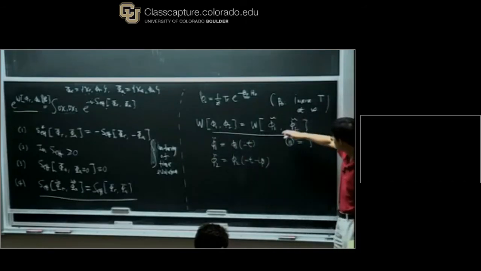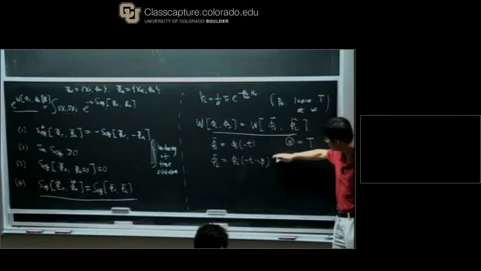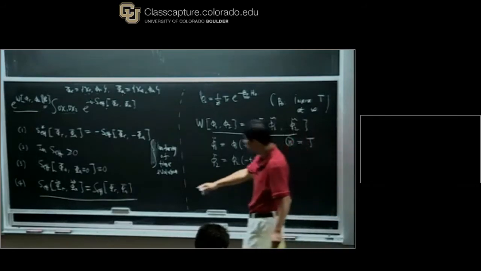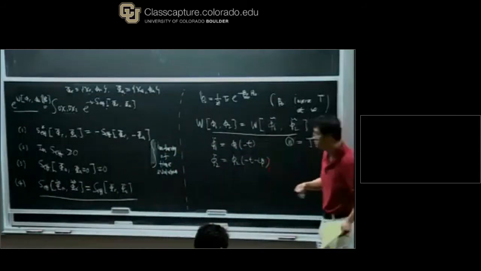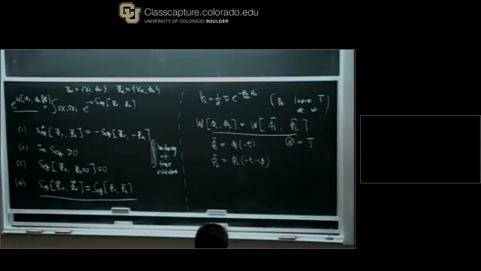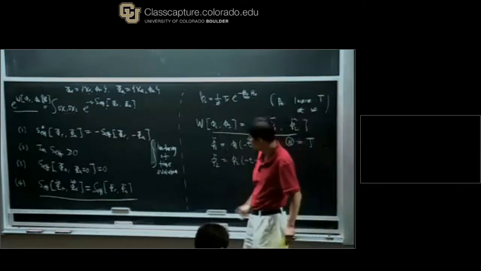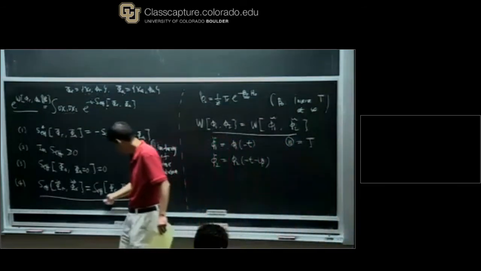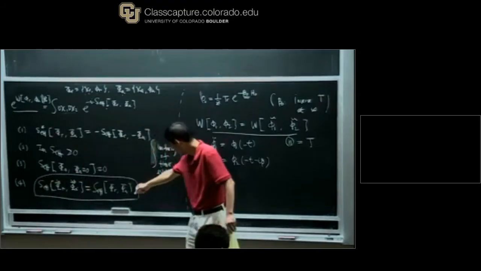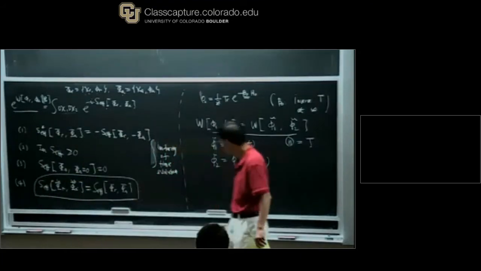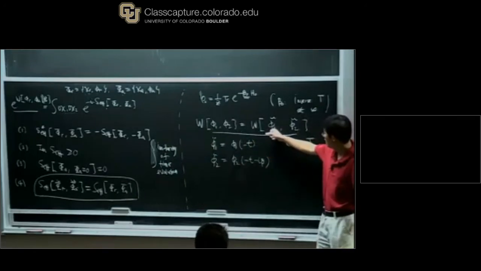And in order for the generating functional to satisfy this condition, you also need to require your dynamical fields to satisfy a certain Z2 transformation. So the claim is that if your effective action is invariant under this Z2 symmetry, then that will ensure it.